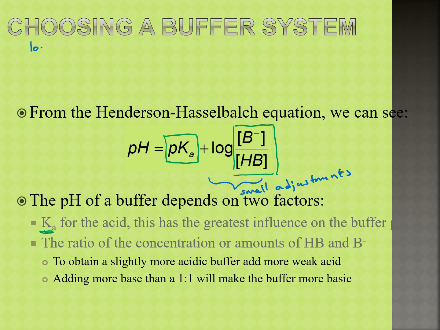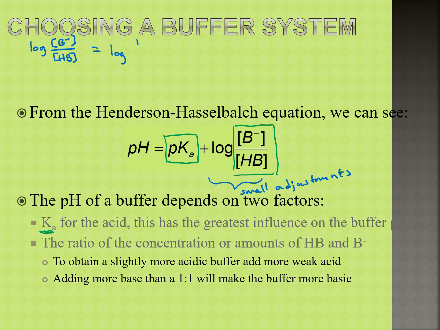If I thought about it, if I have the log of the base divided by the acid, let's just focus on that part of the Henderson-Hasselbalch equation. Let us say that this was a relatively wide gap where the log was, say, about 1.